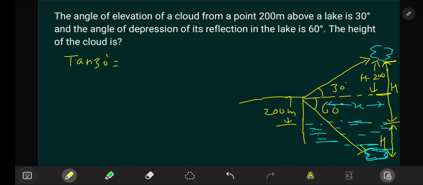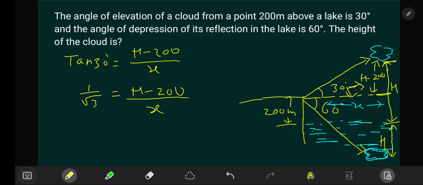Tan 30 degrees is opposite side by adjacent side, that is equal to h minus 200 divided by x. Tan 30 degrees is 1 by root 3, that is equal to h minus 200 divided by x. This is the first equation.